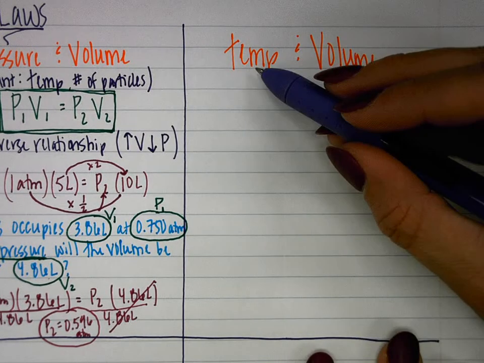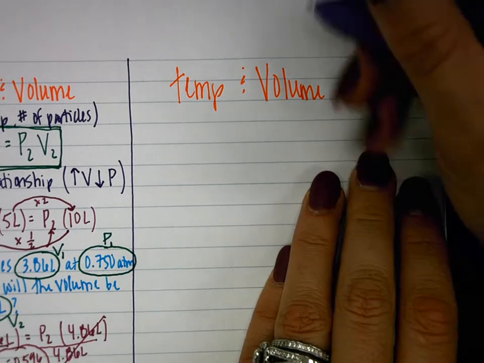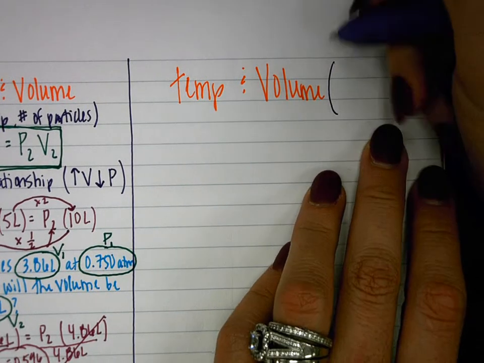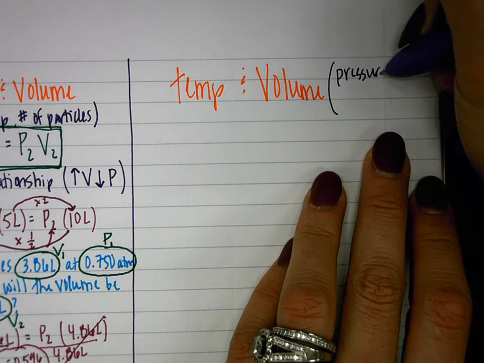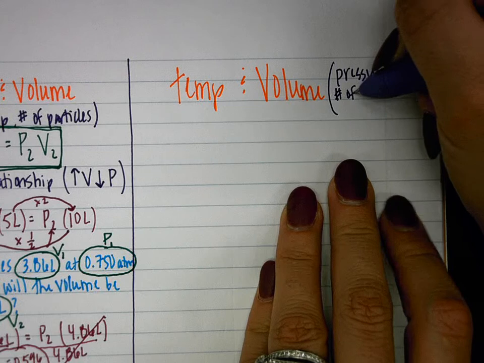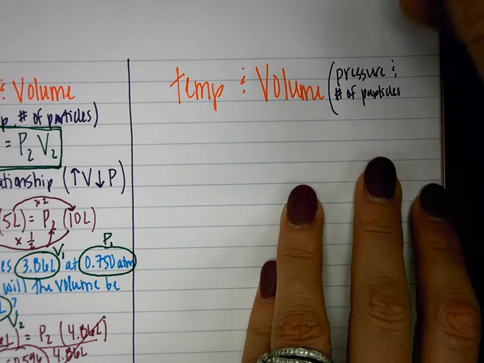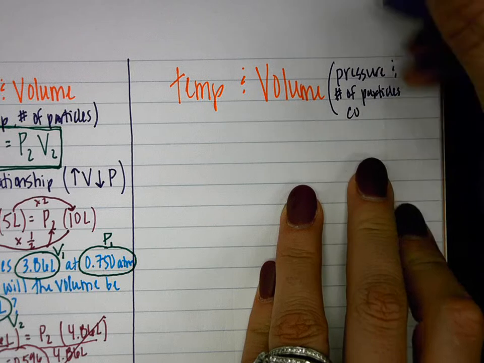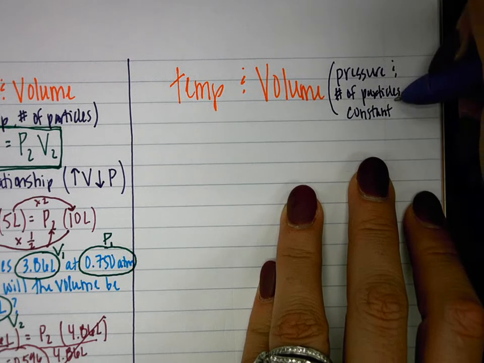Okay, and so if we're comparing temperature and volume, we can assume that our pressure and number of particles is constant. So they're not changing.